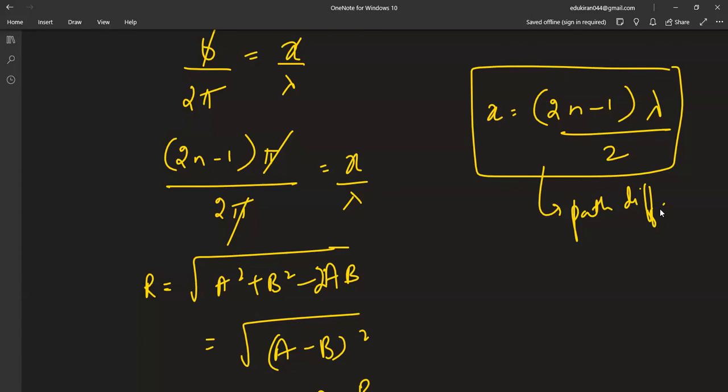Ma'am, that is also phi by 2 pi. Which one? The above one you have cut it. Phi by 2 pi is equal to x by lambda. Okay.